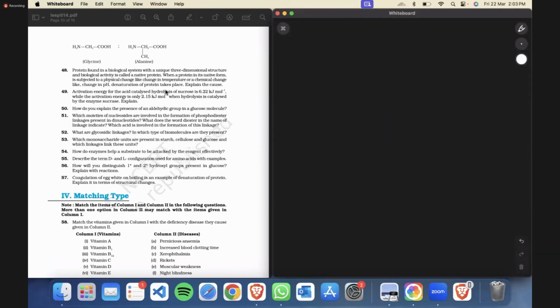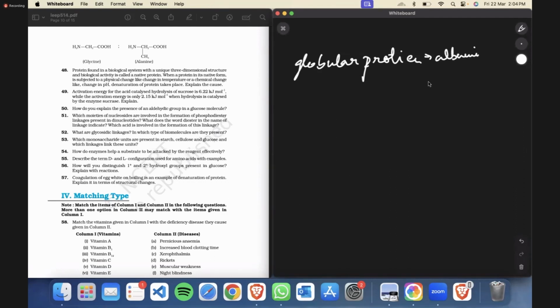So 57. Coagulation of egg white on boiling is an example of denaturation of protein. Explain it in terms of structural changes. See, when an egg is boiled, the soluble globular protein, albumin, which is present, will be converted into insoluble fibrous protein. Initially, when the egg is in its liquid form, it has globular protein, that is albumin.